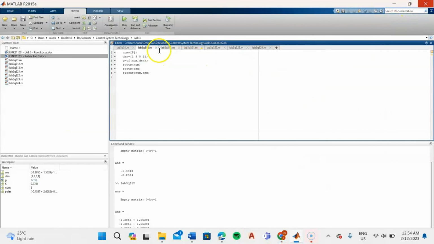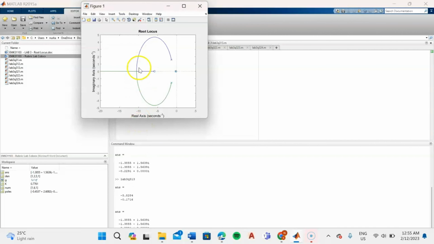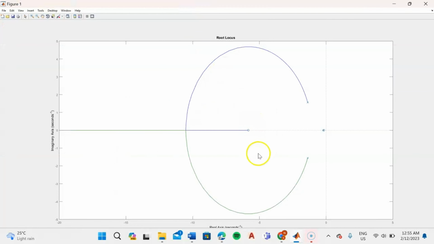Okay, next, for questions 3.1.3, the numerator given 161, the denominator value 1351. Then run, and this is the results. You can see we got 2 poles for blue line and the green line, which is in here.